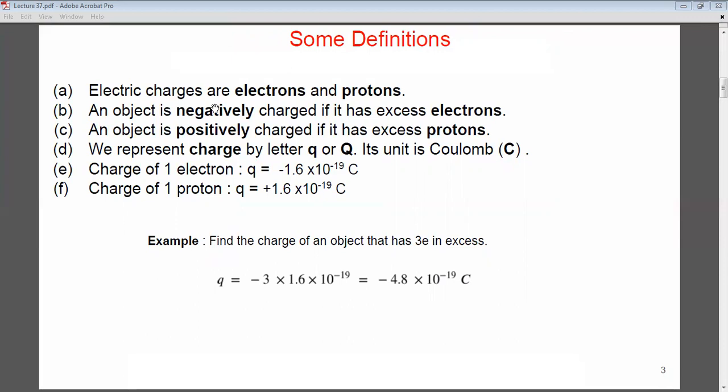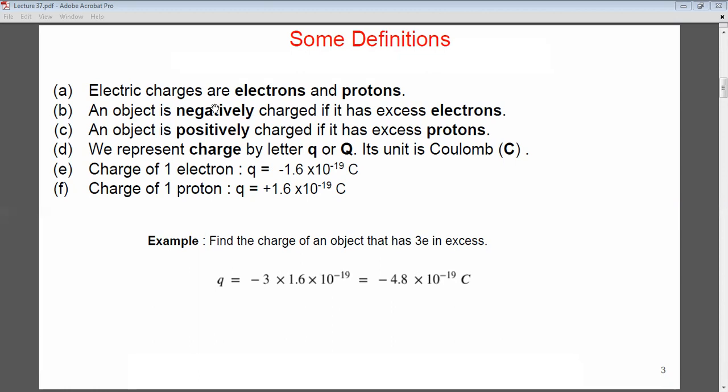Okay, we represent charge by the letter Q. Its unit is Coulomb, just as the unit of force is Newton, the unit of mass is kilogram, the unit of any charge is Coulomb. What are the charges? Electrons and protons.